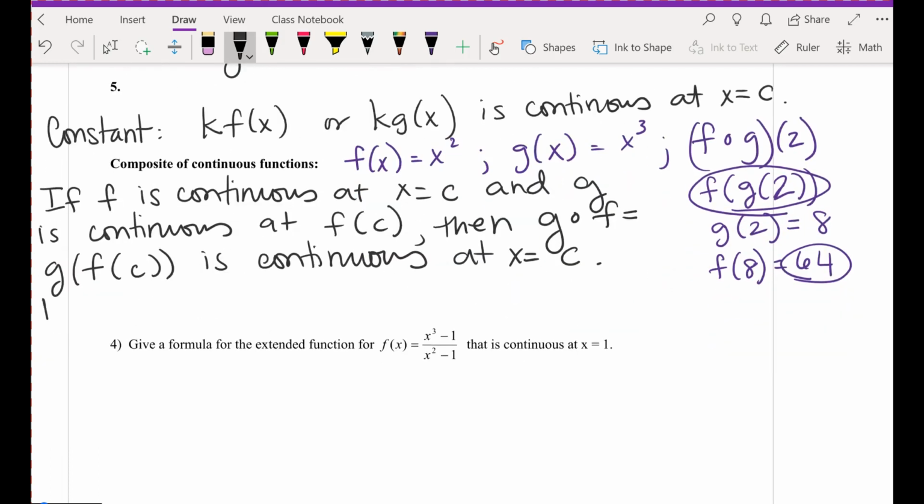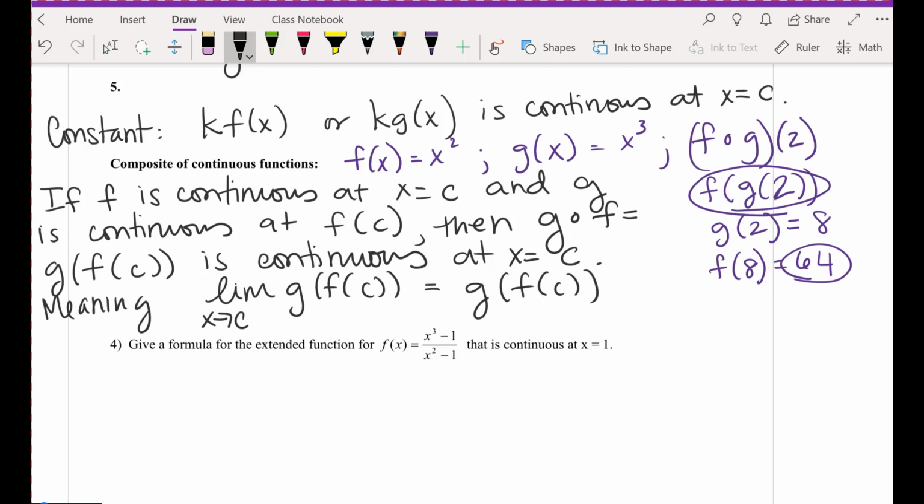Meaning the limit as x approaches c of g of f of c is equal to g of f of c. Okay. So if it's continuous, it has to exist, right? Okay.